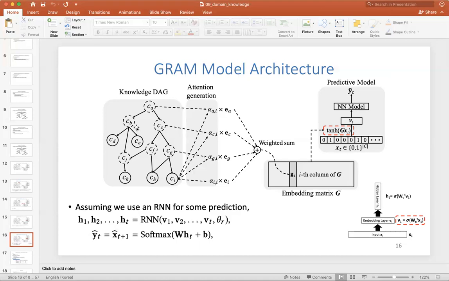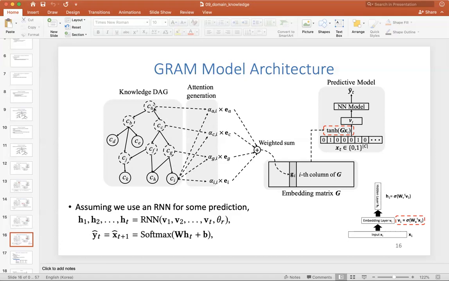So if you can imagine, the parent nodes, the ancestor nodes, would be trained more often compared to leaf nodes. I hope that's very clear to all of you, because each individual G embedding in the G matrix is a weighted sum of all the chains.